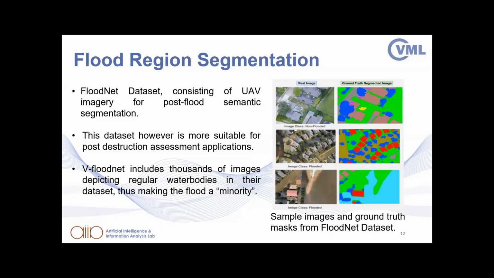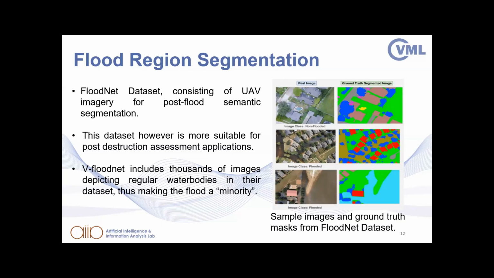In the middle row, we see an image depicting flooded regions. The segmentation mask highlights the flooded areas, while other classes, such as buildings and vegetation, are also separated accurately.